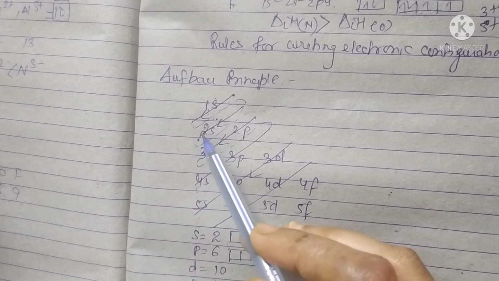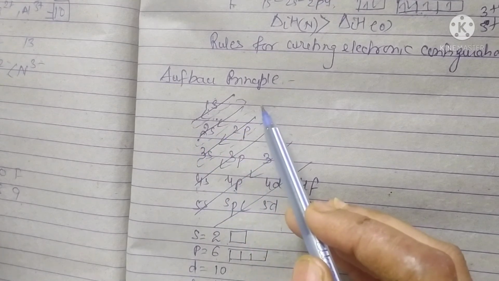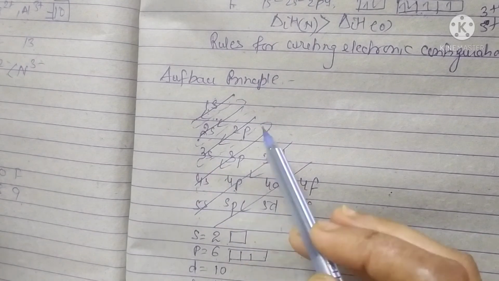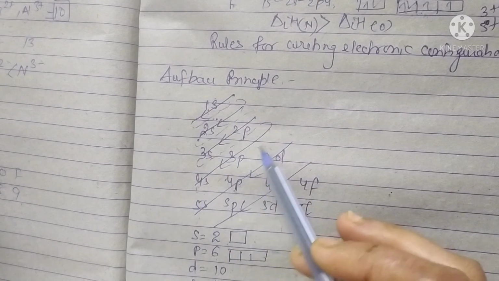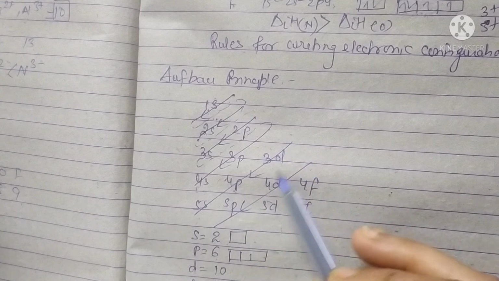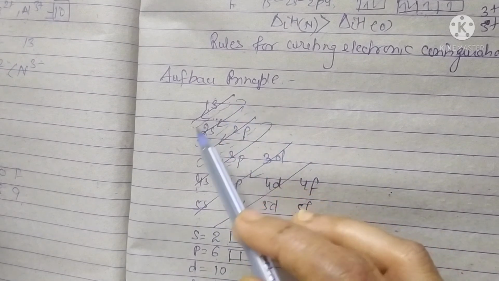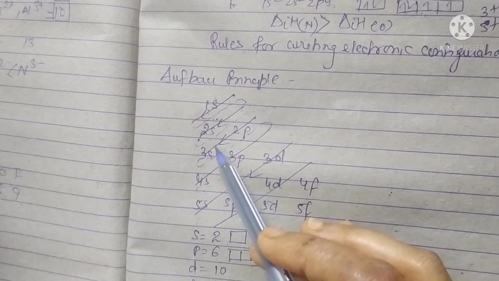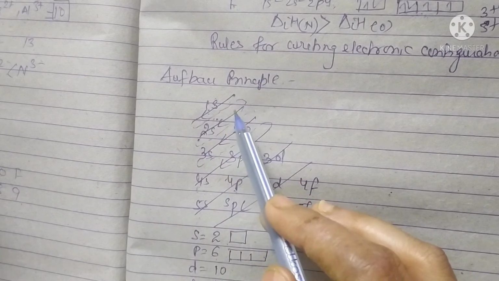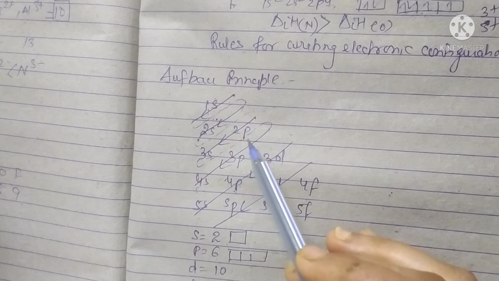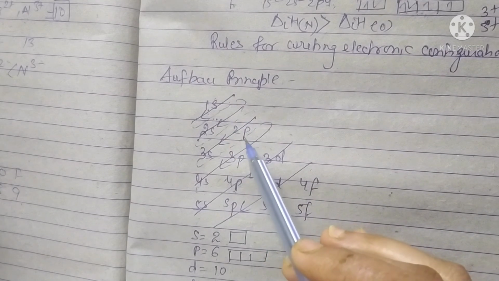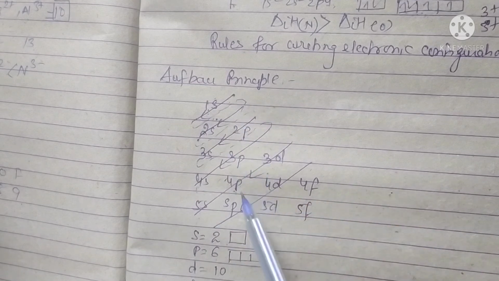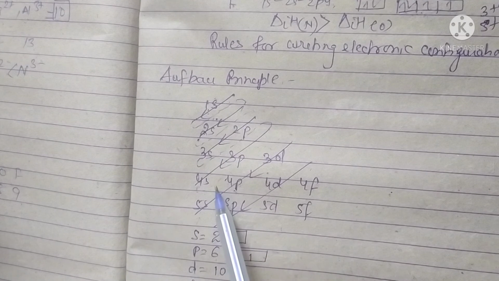When that is completely filled, the electron will move to 2p, then 3s, then 3p, 4s. Likewise, these orbitals will be filled in this order. So this is the order in which the energy of the orbitals is increasing. According to the Aufbau principle, in the ground state of the atoms, the orbitals will be filled in order of their increasing energy. So this is the sequence of filling the electrons in the various orbitals.